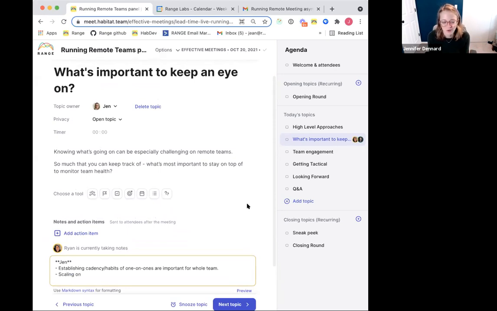And so what we have tried to normalize is checking in on both work and how you're feeling asynchronously, whether that's sharing a simple mood emoji of red, yellow, green, this is how I'm feeling. That's part of what's built into the Range product. Now, for instance, if I share a red emoji, Jean will Slack me and be like, everything okay?